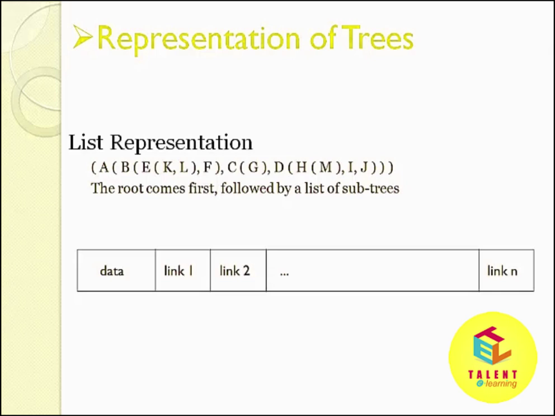The logical representation of tree. The logical representation of a node of a tree is as shown. It has one data member and there are other links which represent the address of the children to the next level.